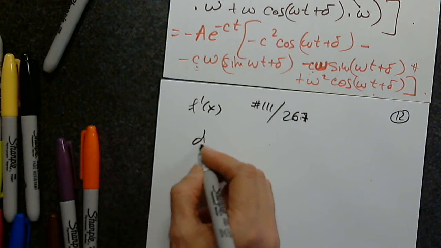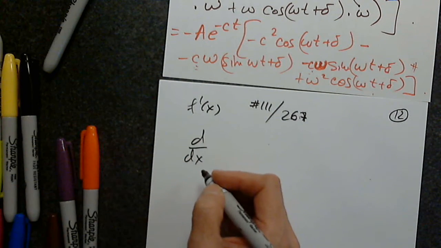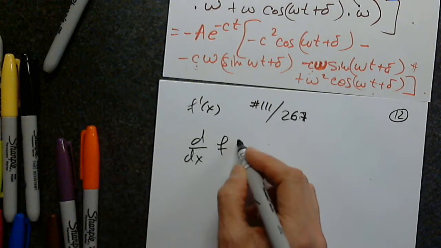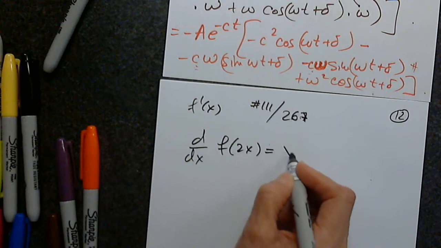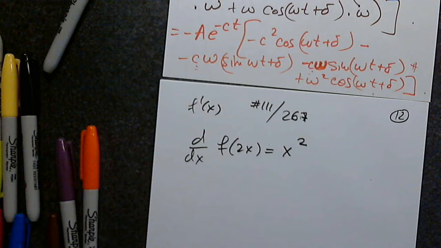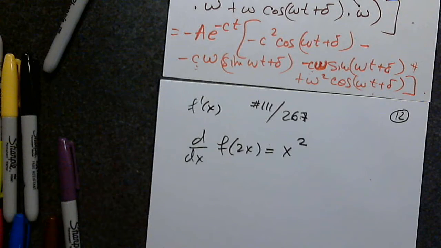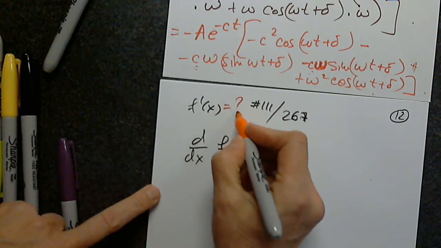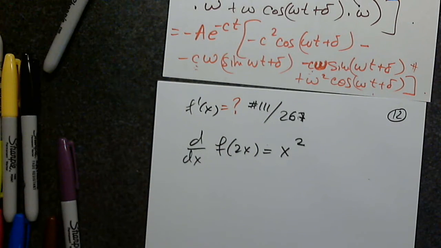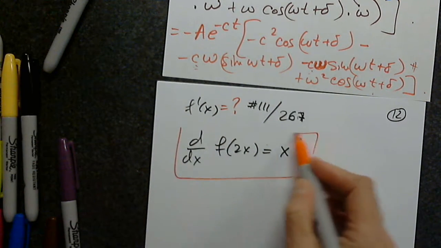And we are told this is known. Simply looking at it, I have no idea what will come out of this. So let's give it a shot. So this is the question. It says find the derivative, and this is given to us.